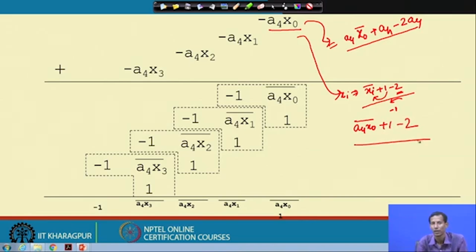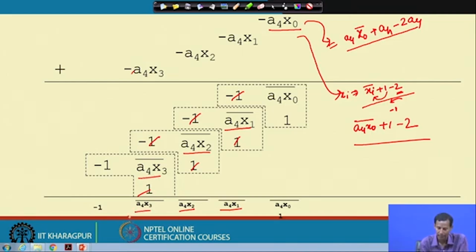If we do the same for all these values, what will I get at this particular position? This will be a4 x0 bar, 1 over here. So the 1s will cancel over here, here, and here, and minus 1 remains at this position. What will be left is a4 x1, a4 x2 bar, and a4 x3 bar.